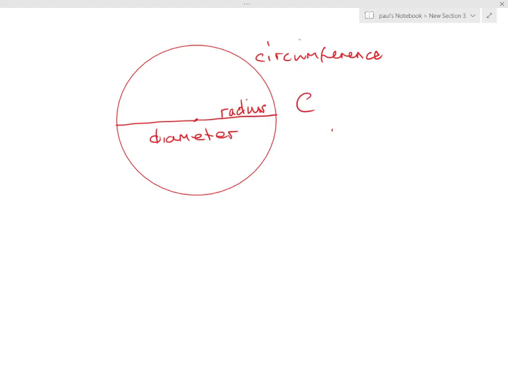So here's the formula for the circumference of a circle, is pi d. Now pi is a button on your calculator, and when at all possible you must use that unless they specifically say something else. So if we say this has a radius of, I don't know, 4 centimeters, to use the d we have to double this.